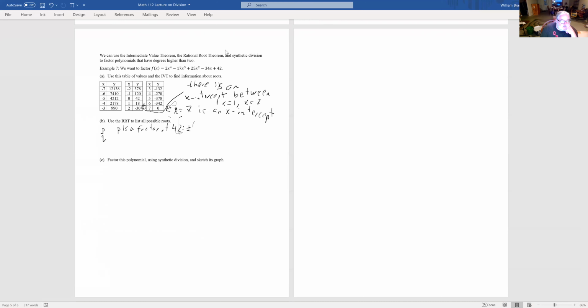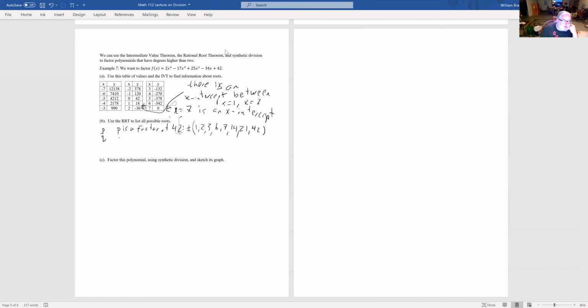Plus or minus, I'm just going to put these in parentheses. 1, 2, 3, 6, 7, 14, 21, and then 42. And all these are plus or minus, right? But I don't want to write a plus or minus for each one because it just gets tedious.